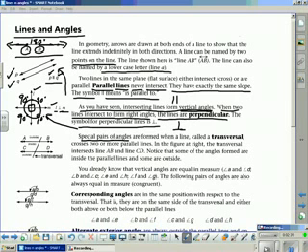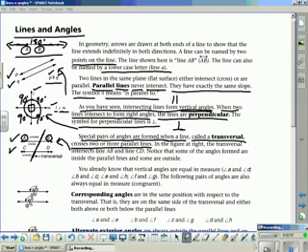When you have special pairs of angles, or angles that are formed when a line called a transversal crosses 2 or more parallel lines. In this example right here, okay, we have line AB and we have line CD. The transversal is the line that crosses them or intersects that creates special angle relationships.